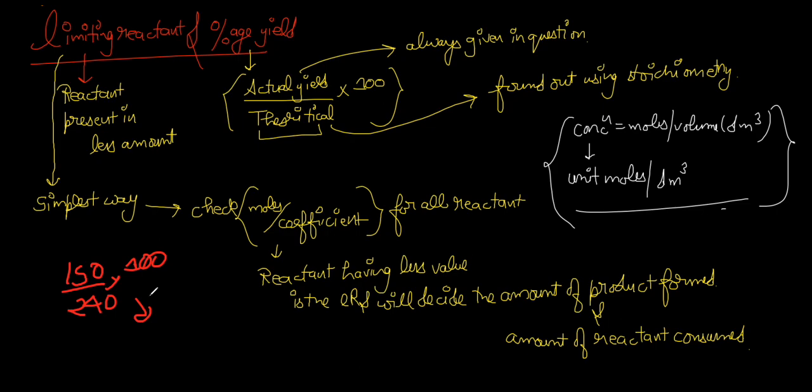Let's use the calculator. 150 divided by 240 into 100, which is 62.5%. So the percentage yield in this case is 62.5%. Theoretical yield is the one that you find out using stoichiometry. Okay, now moving on to the next topic.